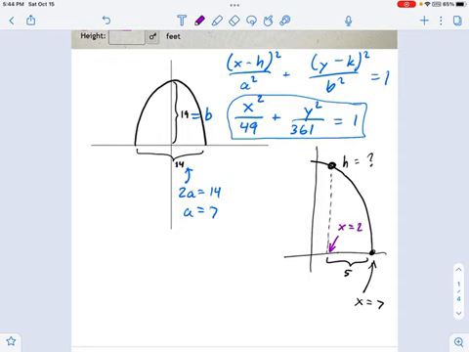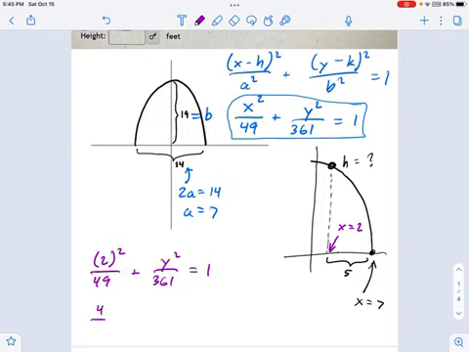And they're saying, what's the height? In other words, what's the y value? So we just plug in 2 as our x value, squared, divided by 49, plus, I don't know what y squared is, we're going to figure that out, divided by 361 equals 1. So if you solve this for y, and I'll go through the steps roughly, but I'm not going to go into great detail here.